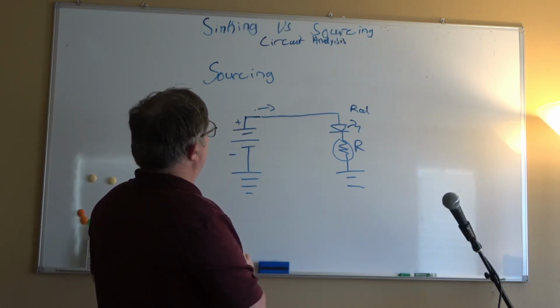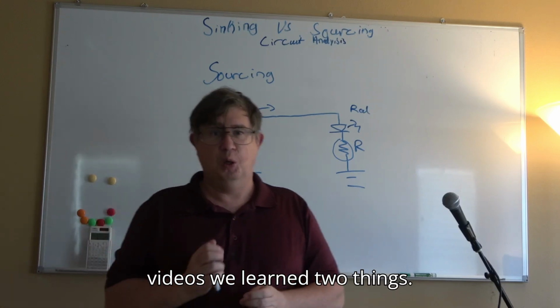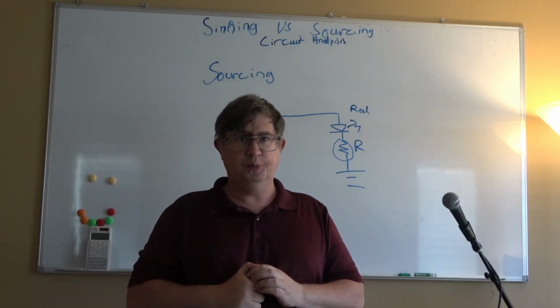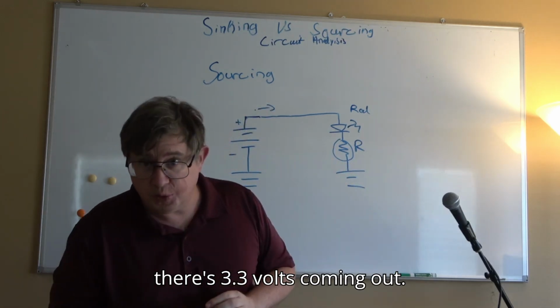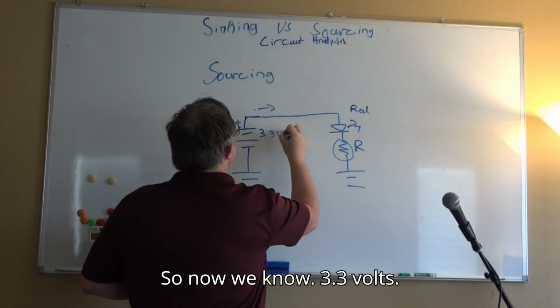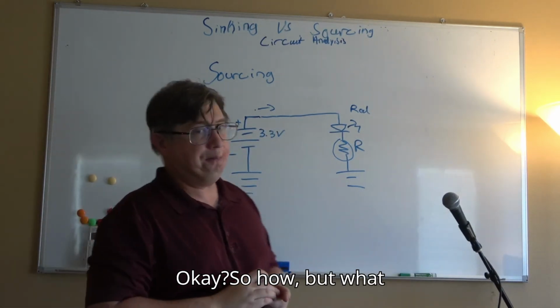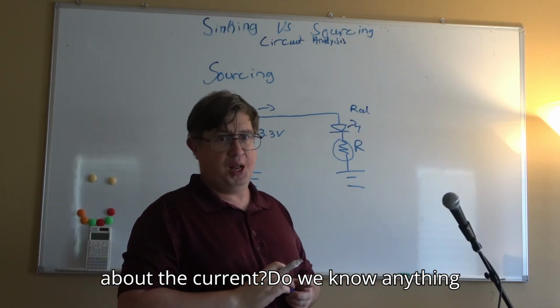But as in the past videos, we learned two things. One, there's 3.3 volts coming out. So now we know 3.3 volts. But what about the current? Do we know anything about the current?